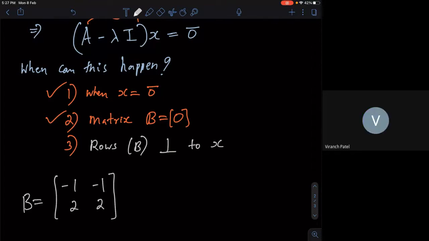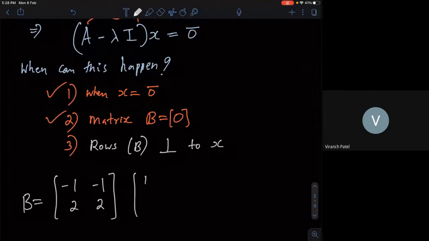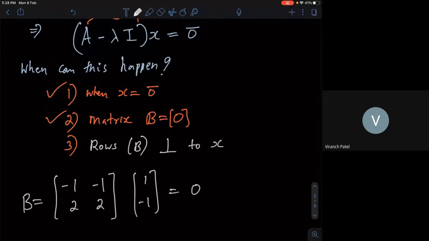It was so trivial that you are all reluctant to answer a trivial question. So why is it 1, minus 1? You can get 0. So for this matrix I can get a vector x, but why was I able to get a vector x such that Bx equal to 0 here?